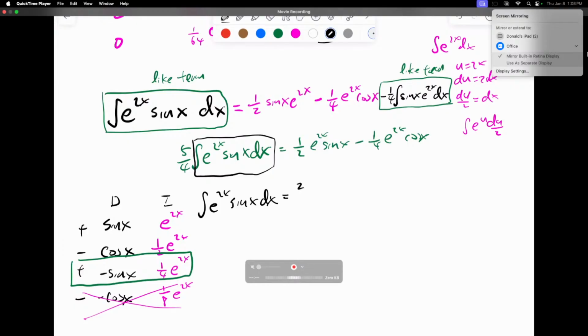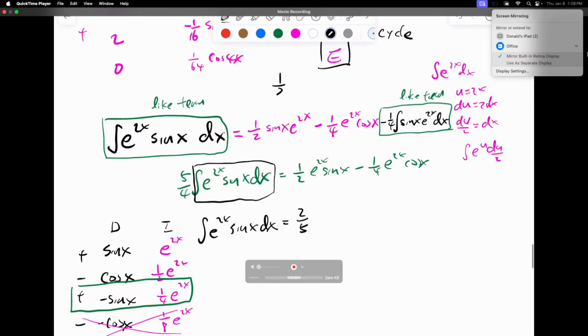Sorry, it's 2/5, right? 1/2 times 4/5 is equal to 2/5. So e to the 2x sine of x, minus, what's the other one? 1/5 of e to the 2x cosine of x, plus c. Don't forget the plus c.